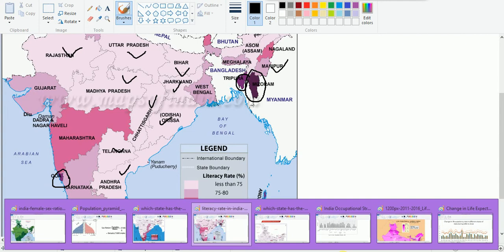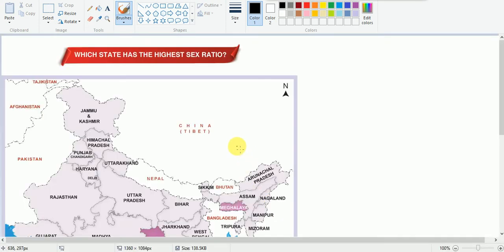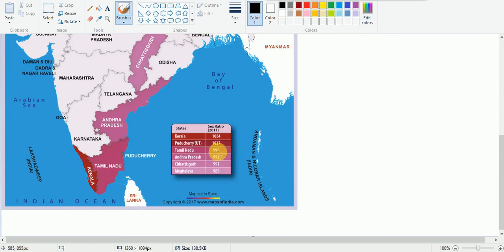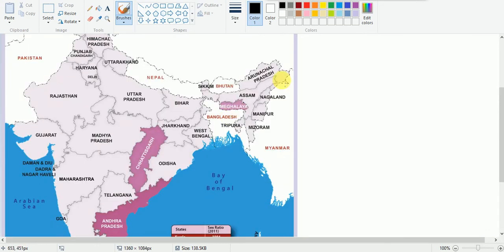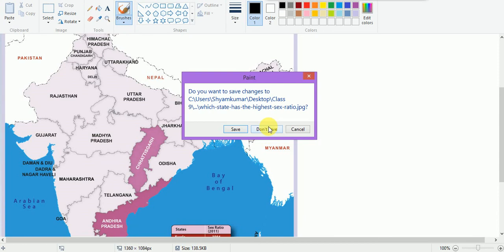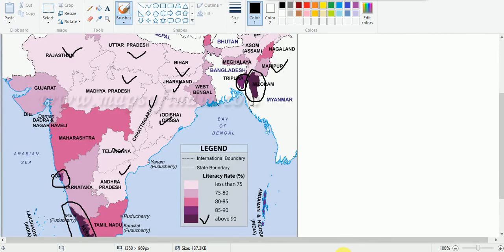Are you clear? Any question? And about the question, which state has the highest sex ratio in India? Sorry, this is about the literacy rate.